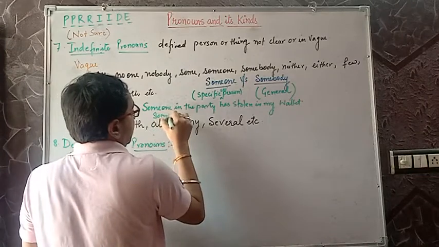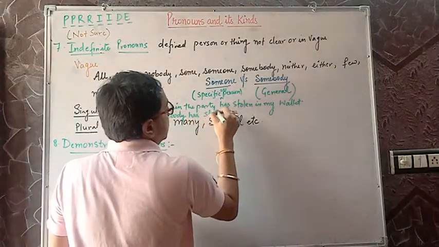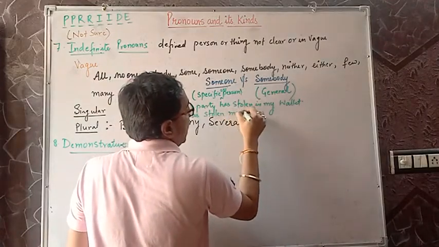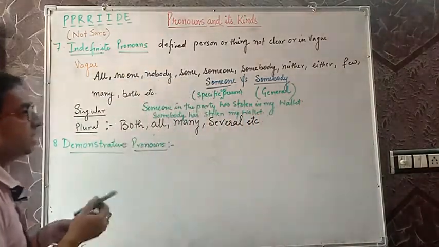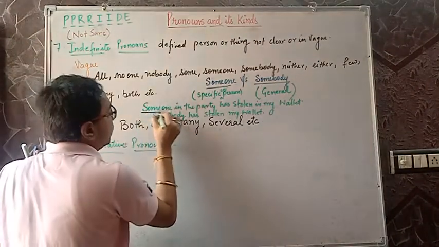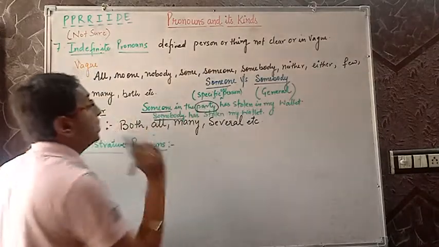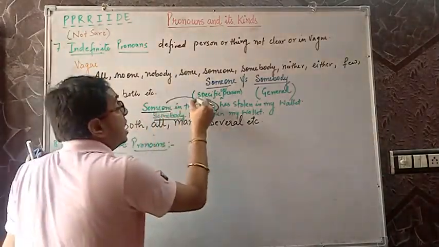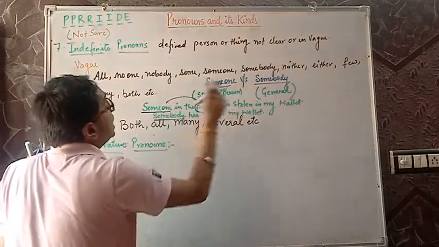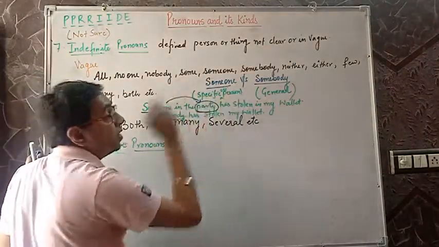Somebody has stolen my wallet. Understand the difference? I think by the sentence itself things are clear to you. Someone in the party means the persons who were there in the party, out of them only someone has stolen my wallet. Clear? That is why someone is used for a specific one person.